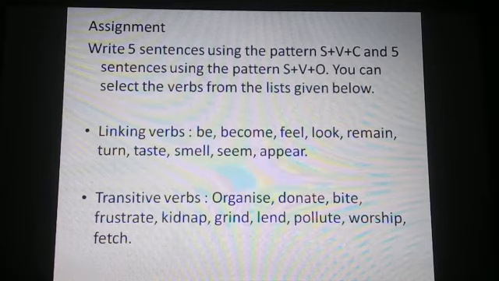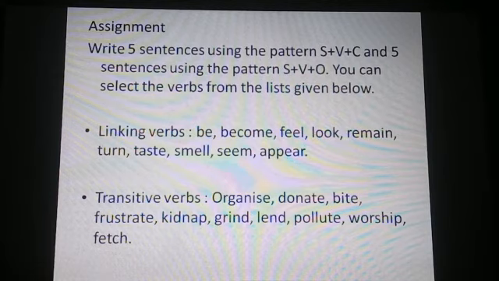So you can choose 5 linking verbs and make 5 sentences for the pattern subject-verb-complement, and you can choose 5 transitive verbs and make 5 sentences for the pattern subject-verb-object.